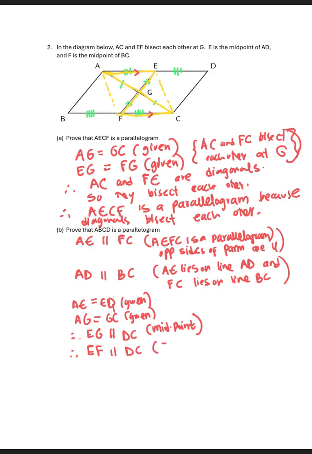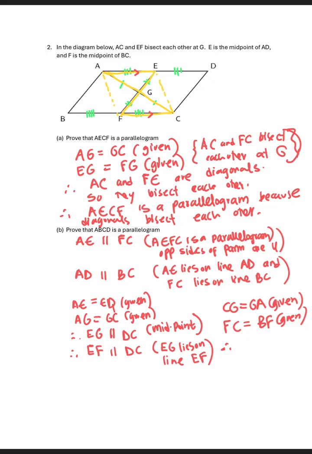Reason? Because EG lies on line EF, right? And then we are also given that CG is equal to GA, given, and FC is equal to BF, given.